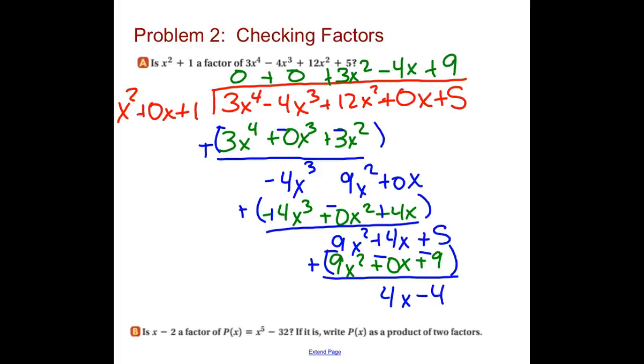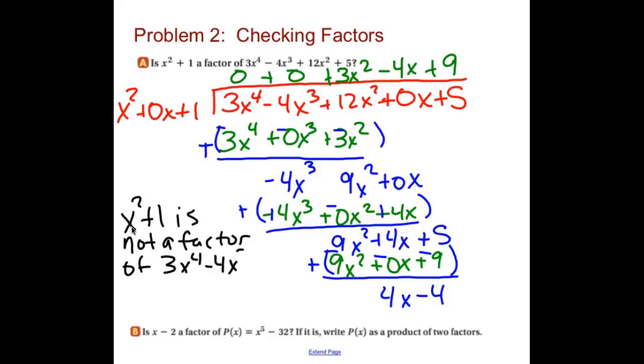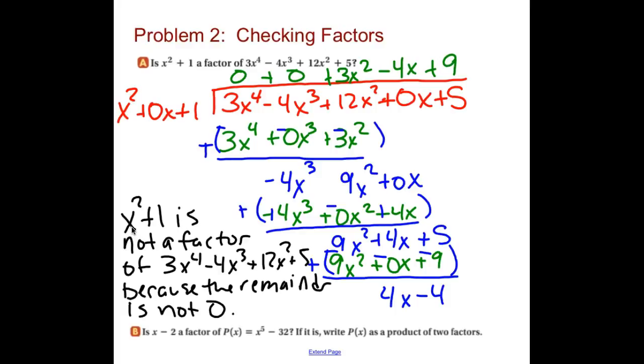So we would say that x squared plus 1 is not a factor of 3x to the fourth minus 4x to the third plus 12x squared plus 5 because the remainder is not 0.